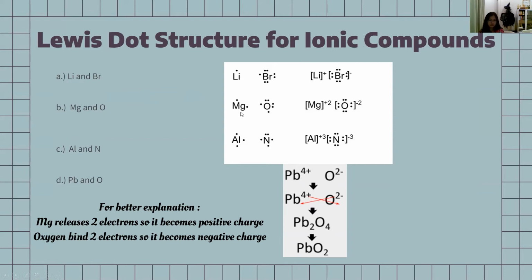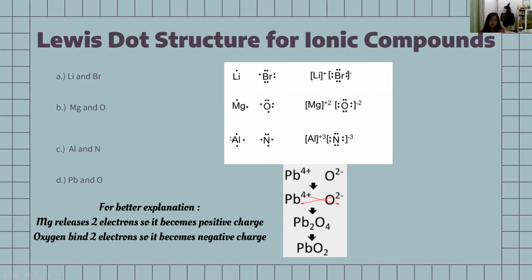So we can say that Mg charge is positive 2, and then oxygen is negative 2, and then if they cross multiply like this, it becomes Mg2O2, or O negative 2.